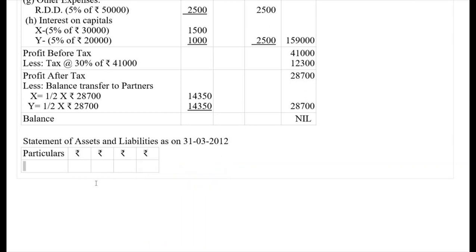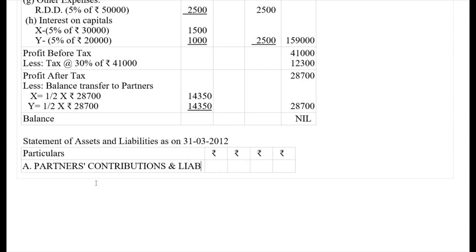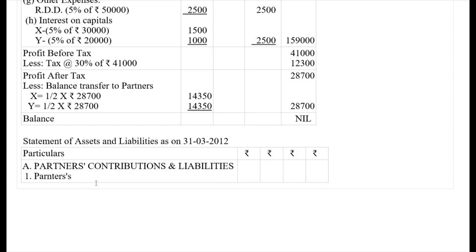So now A, partners' contribution and liabilities. So here, partners' contributions.